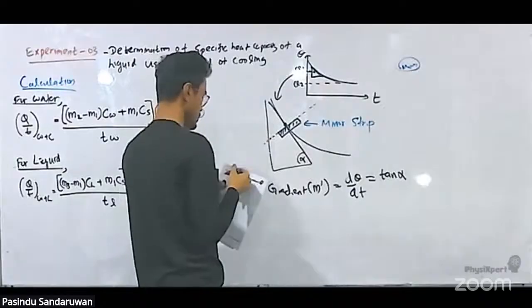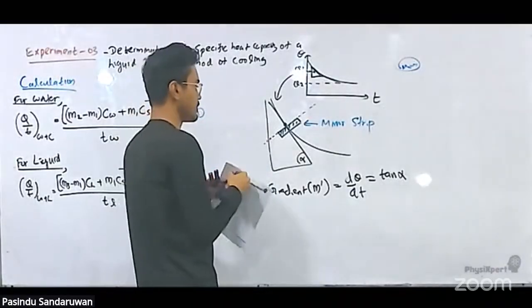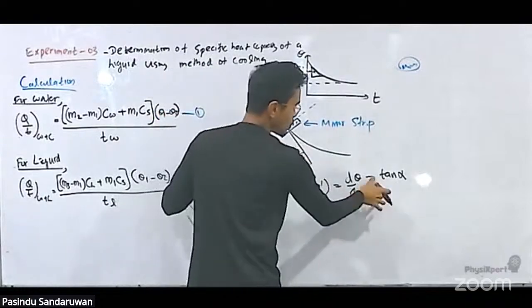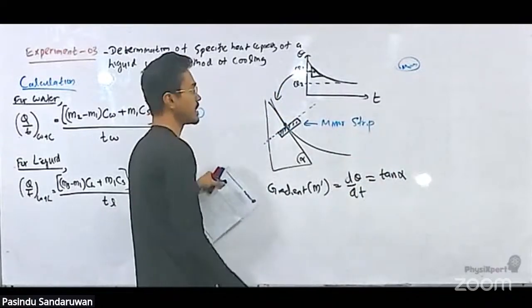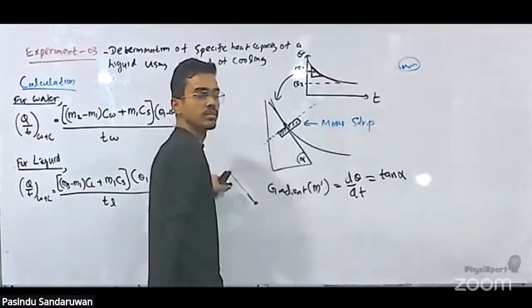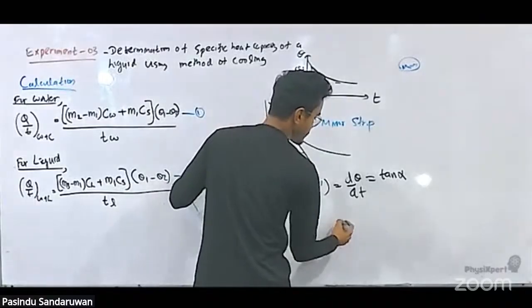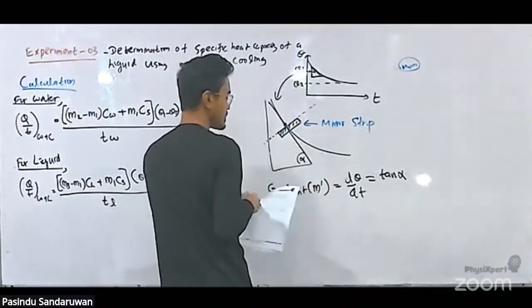Now, if we do the same for both water and liquid, you will get two gradients, no? If you repeat the same for the next curve also, we'll get something like this.